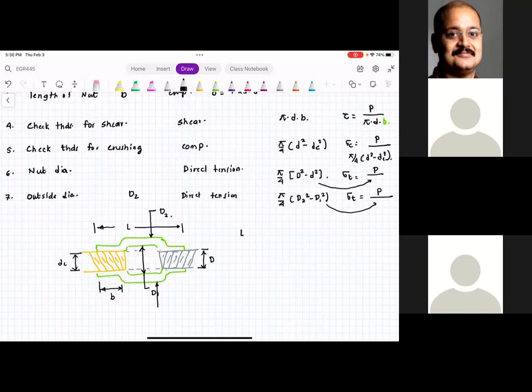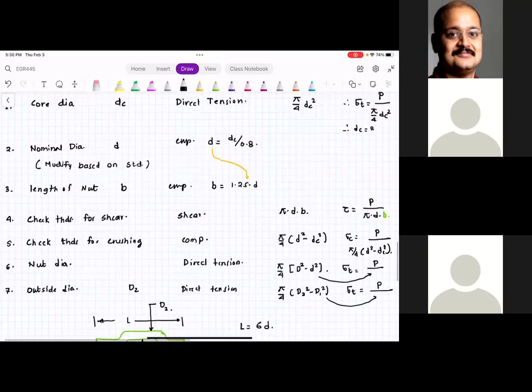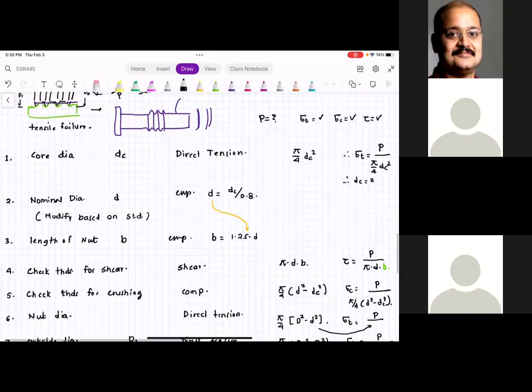And this L is typically 6 times D. So this is how you will design a turnbuckle.